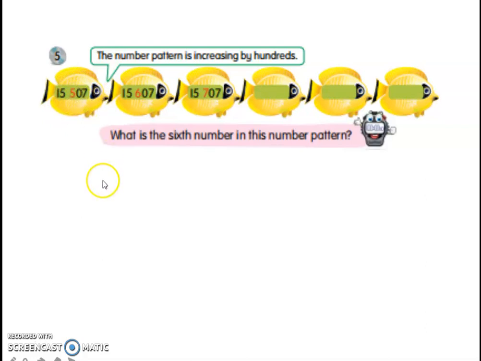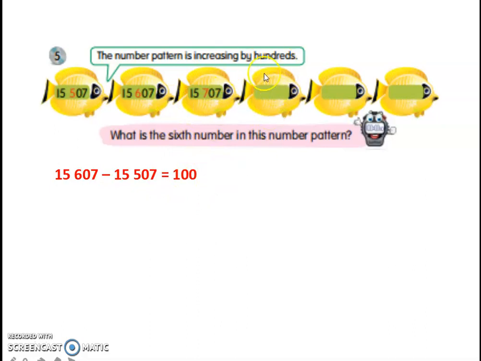We use the bigger number minus the smaller number. 15,607 minus 15,507. The answer is 100. That means this number increased by 100.